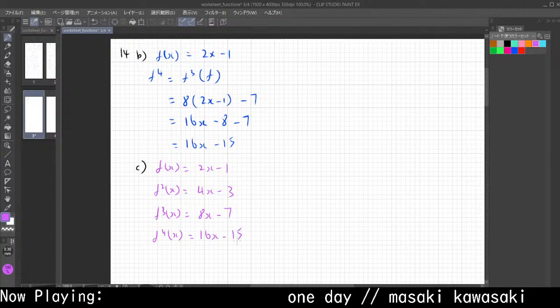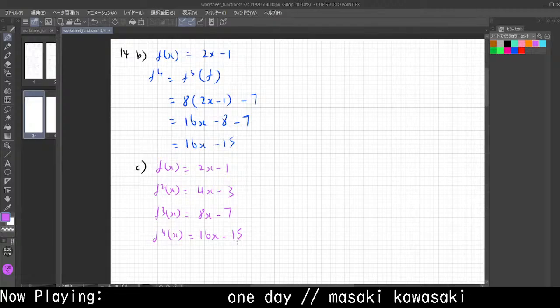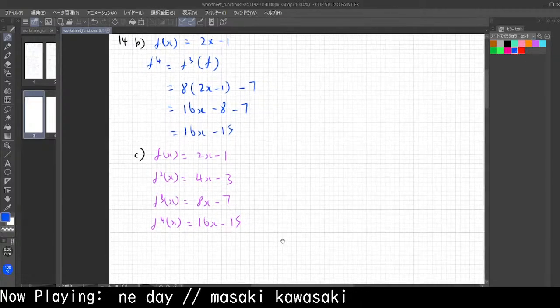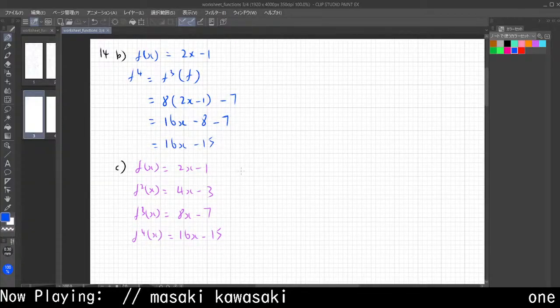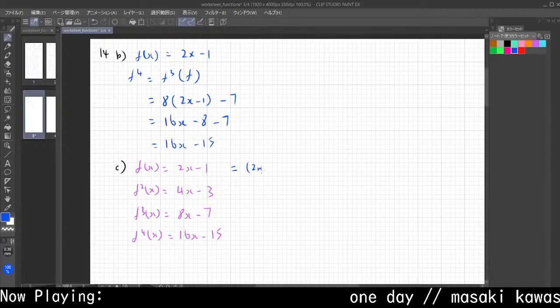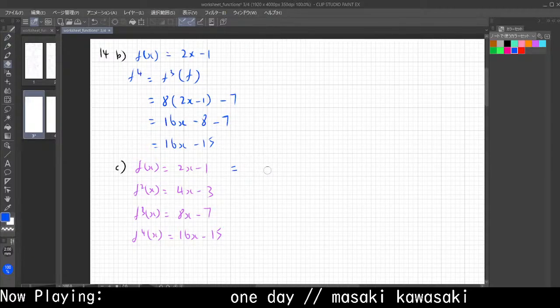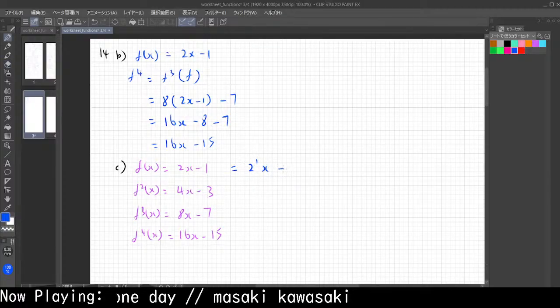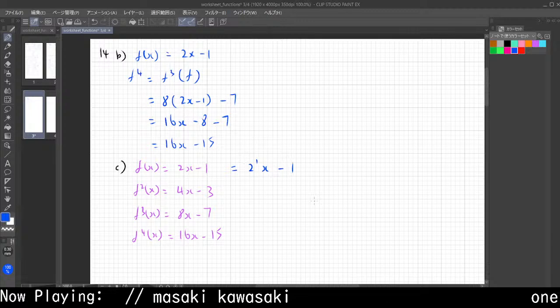So how do we talk about this? The general rule for fn in this case, if you compare this, is like that. This can be written as 2 to the 1 x minus 1.